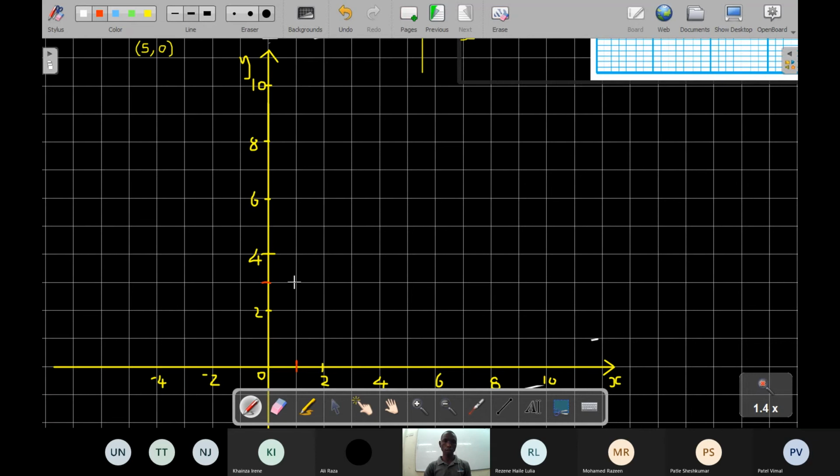So where they are meeting, around here, this is where they meet. +1 on the horizontal, and then +3 on the vertical. So this point is 1, 3, like this.